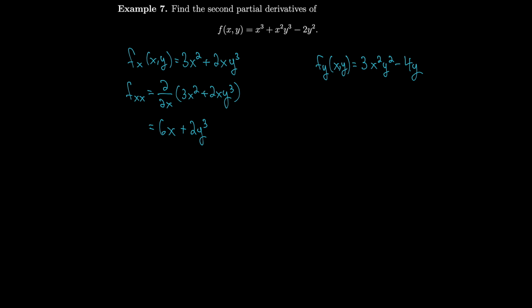Okay, how about I want the partial with respect to x, and then how about I do y after? So that'll be the partial with respect to y of this 3x squared plus 2xy cubed, and I'm taking the partial with respect to y, and I get, well, that's 0, so I just get 3y squared, so 6xy squared.